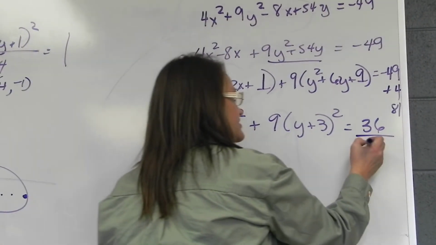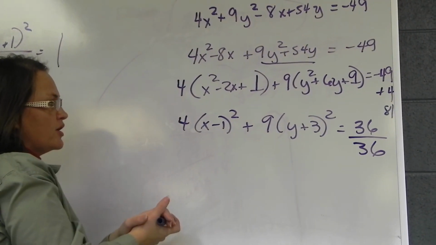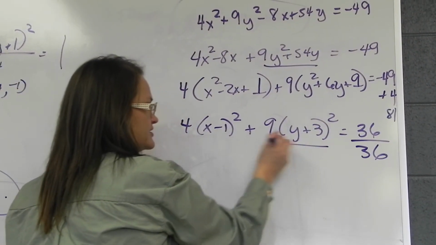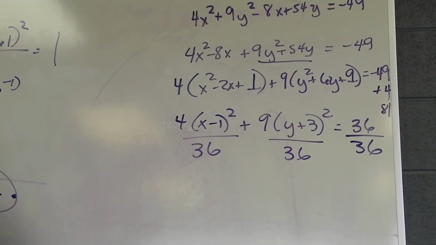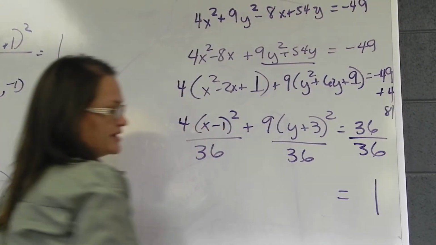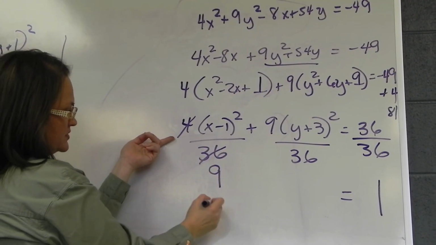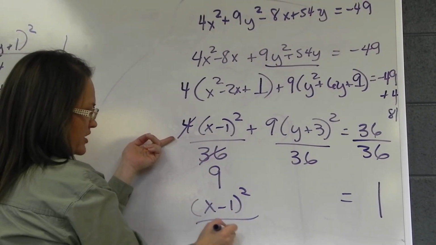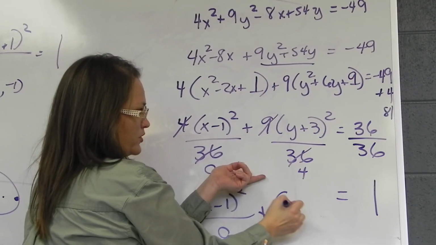So what I will do, after you get the squares completed, is divide by your constant. Every term, you're dividing each side by 36 to keep the balance. That makes that equal 1 like we needed it to. And this reduces to a 9. So it's x minus 1 squared over 9. The 9 and 36 reduces to a 4.